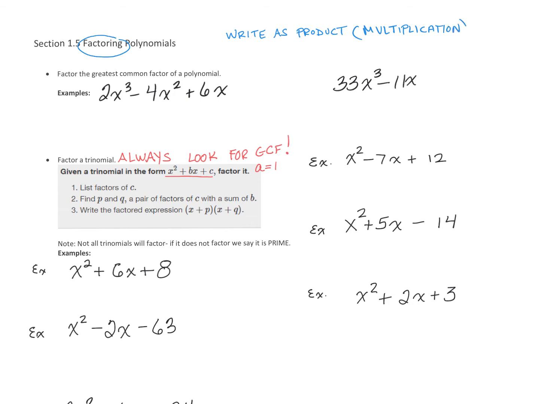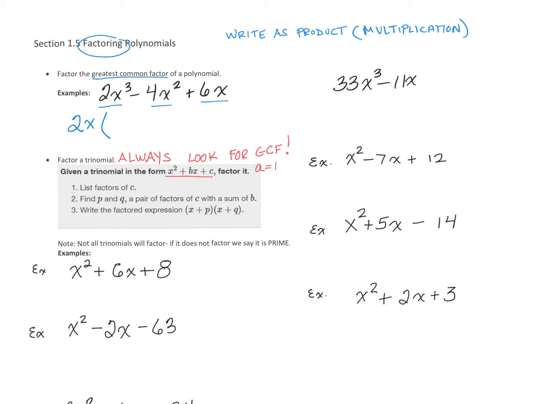Now, always we want to look for a greatest common factor first, the largest thing that each of these terms have in common. So in this case, 2, 4, and 6 are all divisible by 2, and each one of these terms also has an x. So I'm going to factor that out.